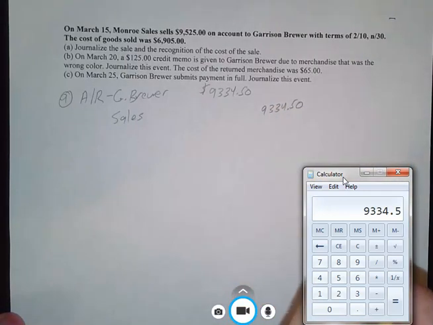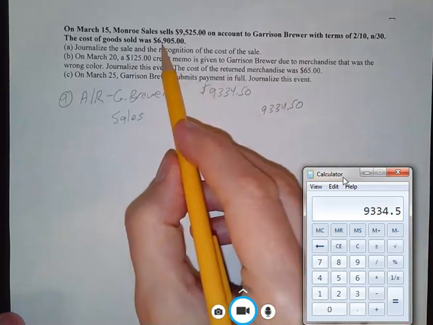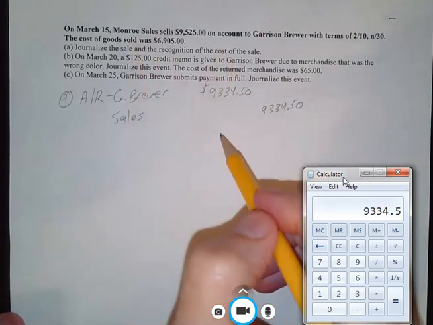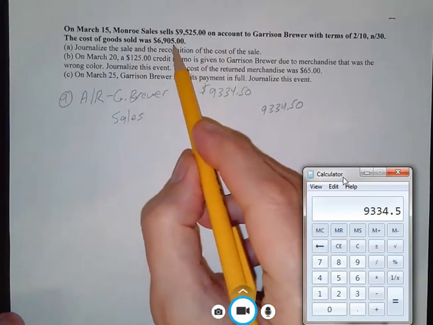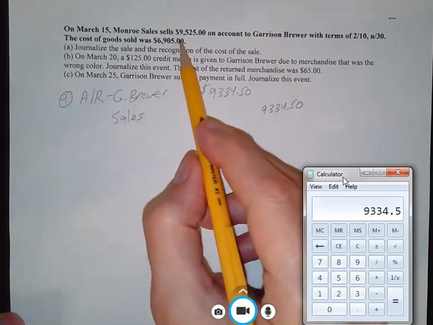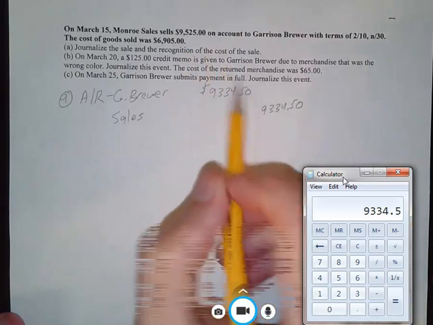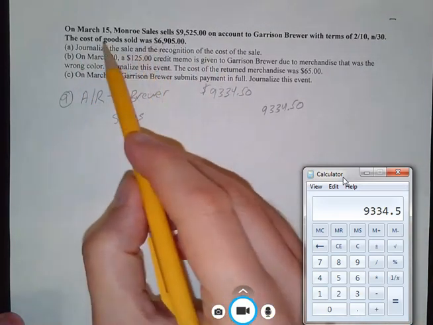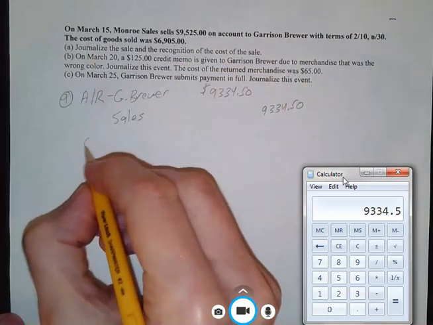But that's only half of what we have to do, because this merchandise cost Monroe $6,905. That's what Monroe's cost was, so we don't have to adjust this figure at all. So we're going to have to expense $6,905 of inventory, and it gives us the answer right here, cost of goods sold. So that is our debit. Again, I am going to abbreviate.